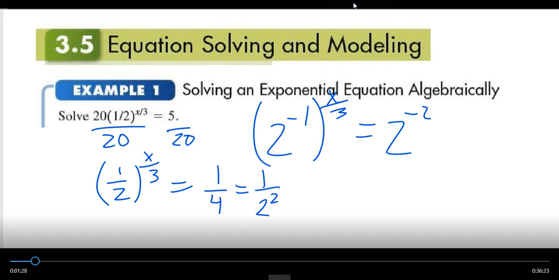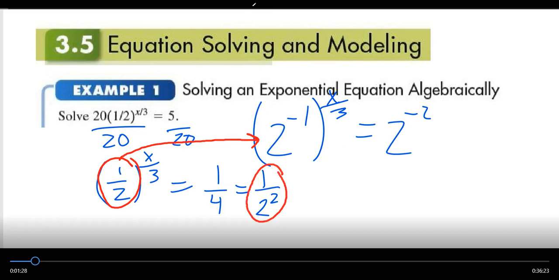You have to think, how do I rewrite this with a common base? Everything's based on 2, and to get that to flip over, you have got to do 2 to the negative first, and to get this to flip over, you've got to do 2 to the negative second. I went through that fast, but those are Algebra 2 concepts, so that's why we're cruising through things, but that's something we should be reminding ourselves of.